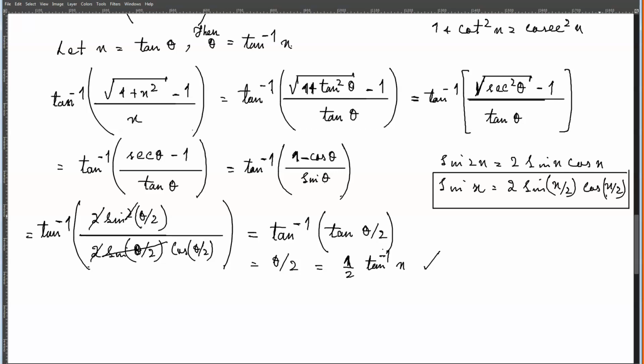Now question number 6 is we have another expression that we need to write in the simplest form. Okay, so the next question that we have is question number 6.